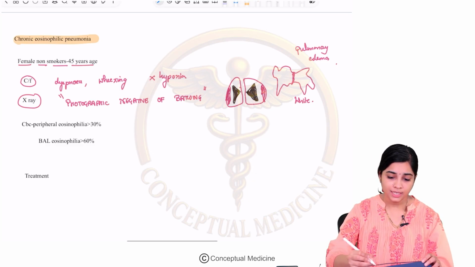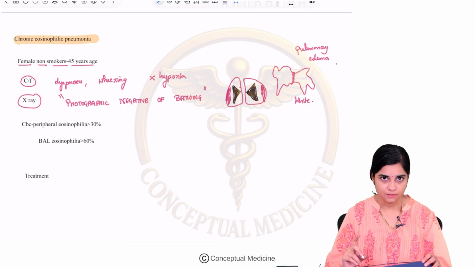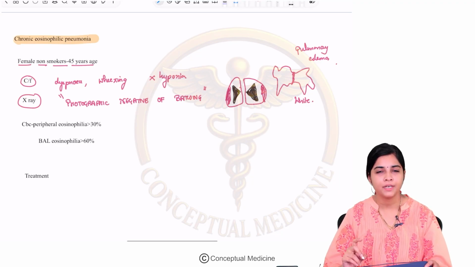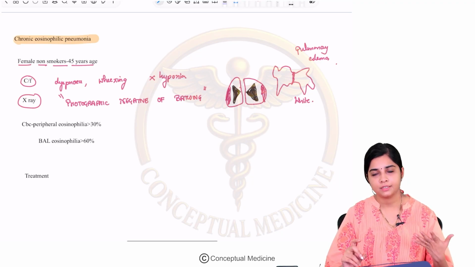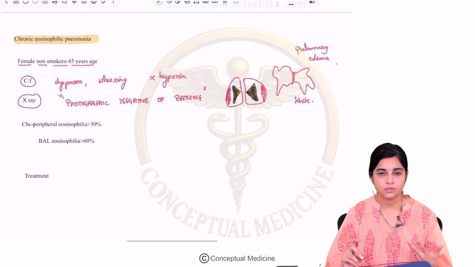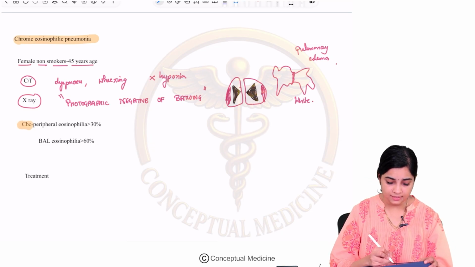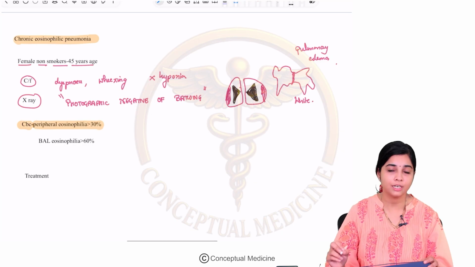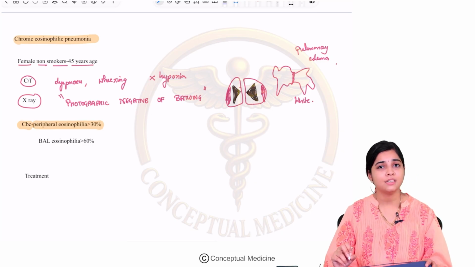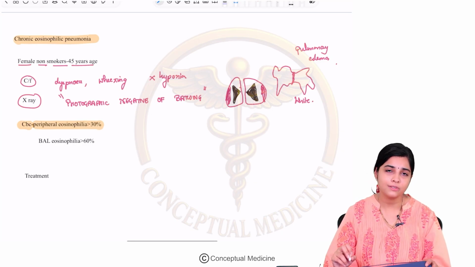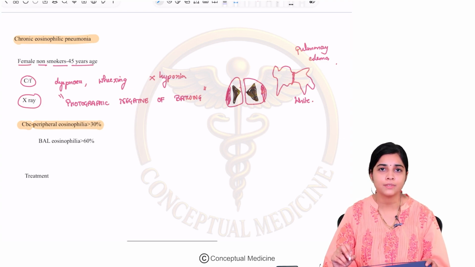Fine. So what are the highlighting features of chronic eosinophilic pneumonia? It might be similar to asthma, so how do you differentiate that? In the CBC, it shows peripheral eosinophilia of more than 30%. Certain long-standing asthmatics may also show peripheral eosinophilia of more than 30%. Then how will you differentiate bronchial asthma from this, or how do you even suspect it? These will be patients who are non-responders.